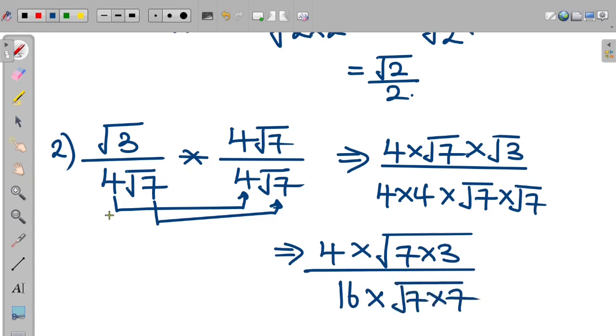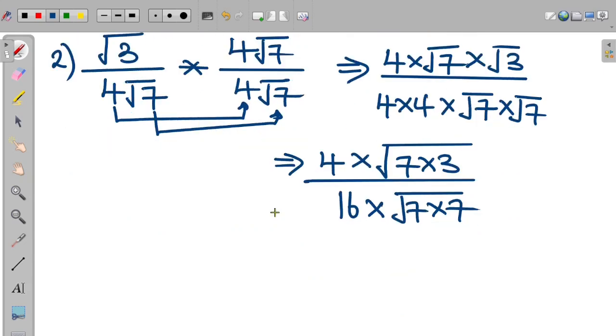Just to remind you, if I have root of a multiplied by root of b, this is equal to root ab. So therefore at this point, this is equal to 4 multiplied by root of 7 times 3, which is 21. So we have 4 root 21, all divided by 16.